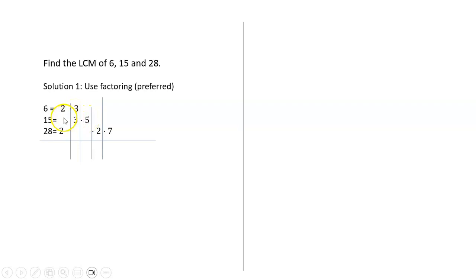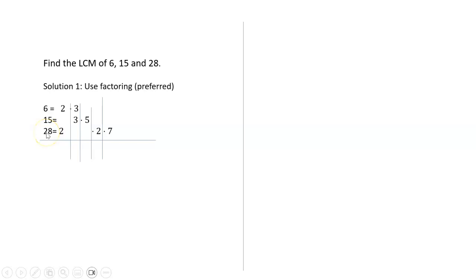Again, I cannot put a 5 in the first column because it's a column of 2, and I cannot put it in the second because we already have a 3 there. For each number, we can only put one number in each column. So I have to create a new column to put down this 5. Now we have first row 2, 3, second row 3 and 5, with these two 3s lined up.